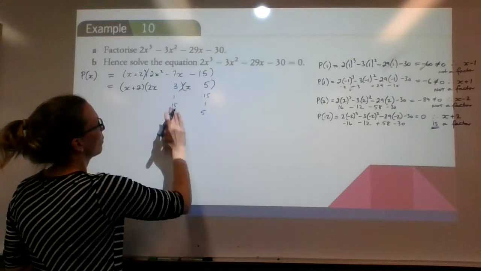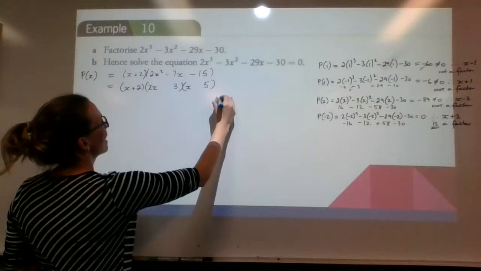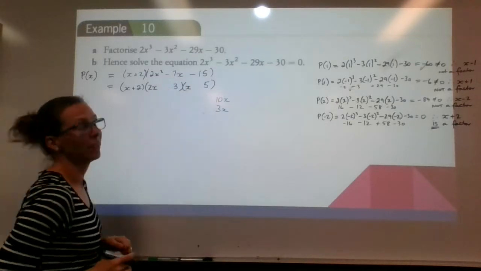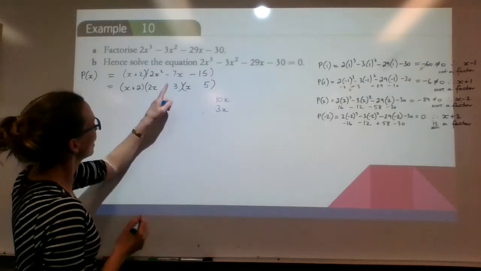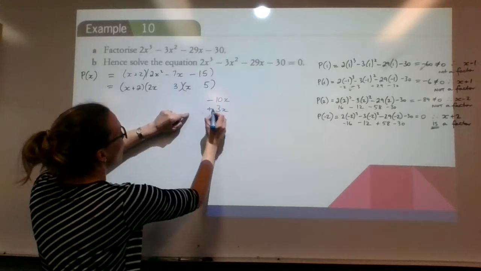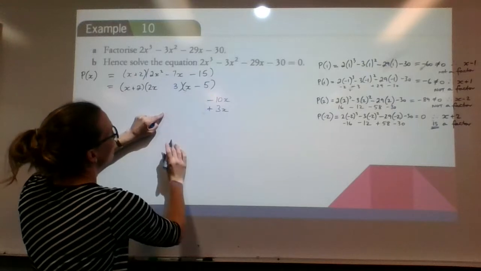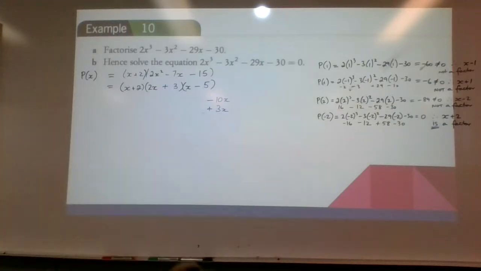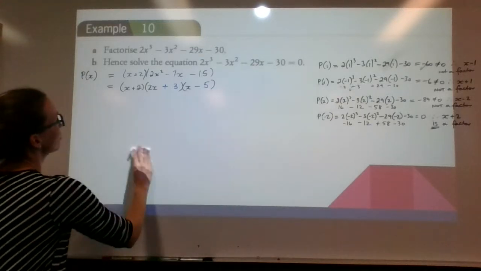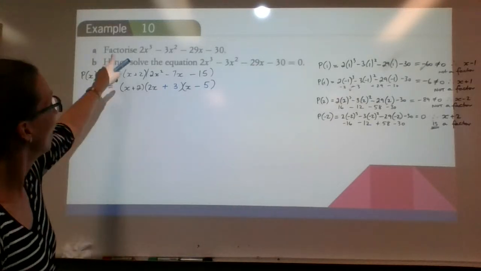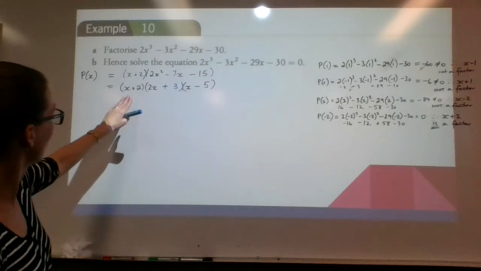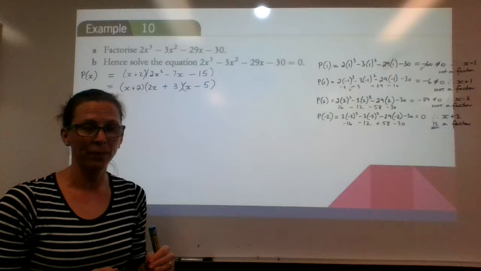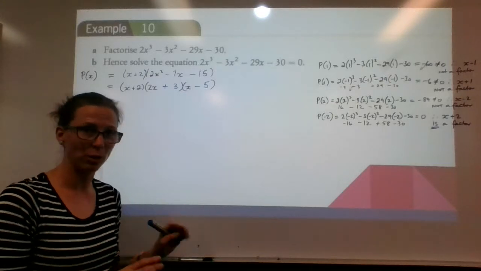So 2 times 5 would make a 10x and a 3x. And somehow that needs to get me to a negative 7. So really I need a negative 10 and a positive 3. So I'll put my negative in front of my 5 and my positive in front of my 3. All right, so I've now factorised my polynomial into 3 factors, 1, 2, 3. That is the end of part A. So I've factorised, that's all I need to do.